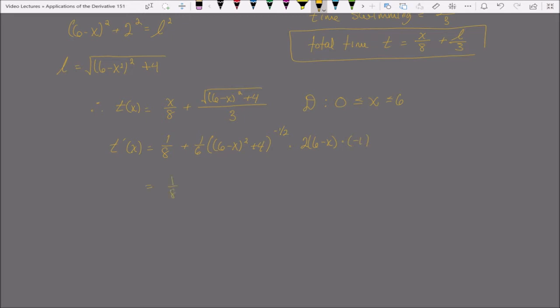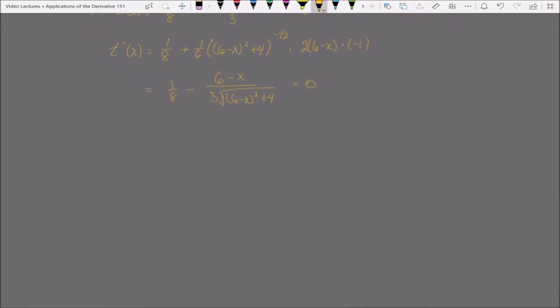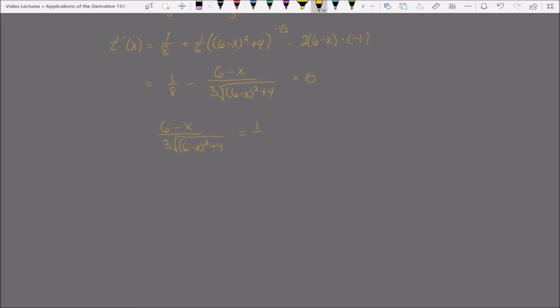Simplifying this, we get 1/8 minus (6 minus x) all over 3 times that square root. Set that equal to 0. This would mean that (6 minus x) over 3 times that square root is equal to 1/8.